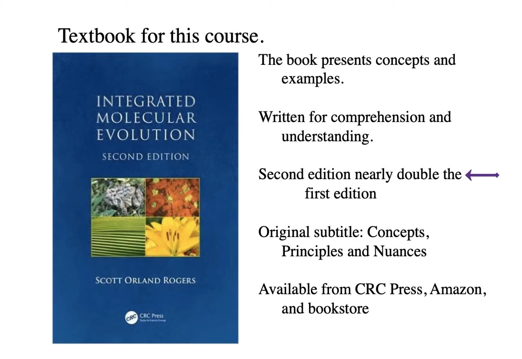The second edition is nearly double the first edition. So if you have a first edition, there's a lot more in the second edition. And the original title was Concepts, Principles, and Nuances, not so informative, so we chose Integrated Molecular Evolution as the final one. It's available from CRC Press directly or from Amazon. I think they have a few copies in the library as well.